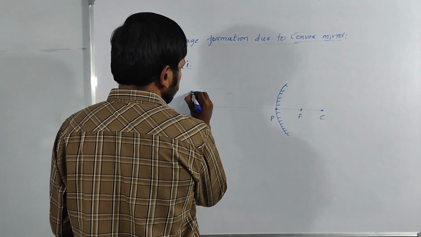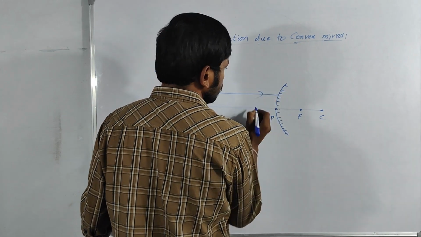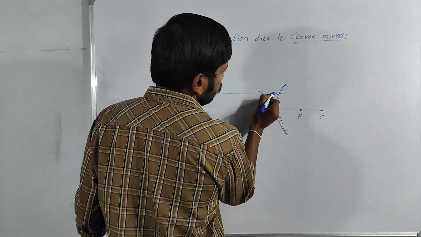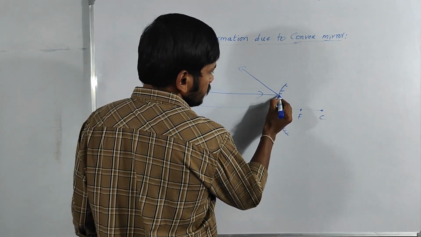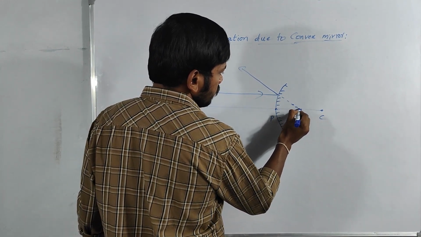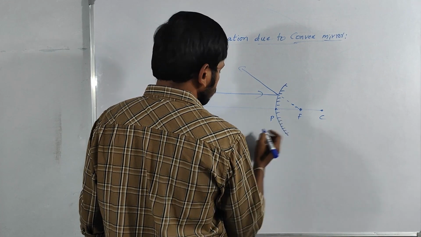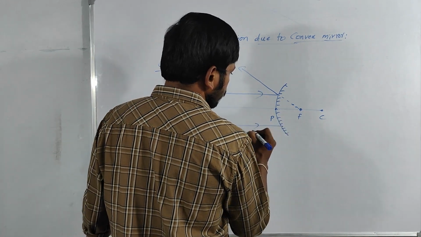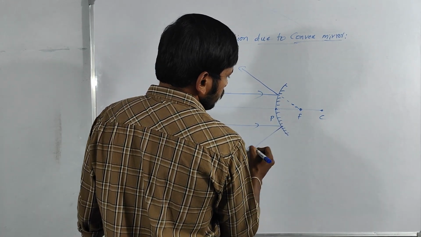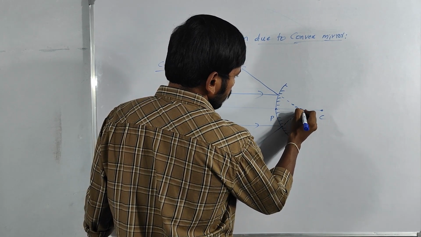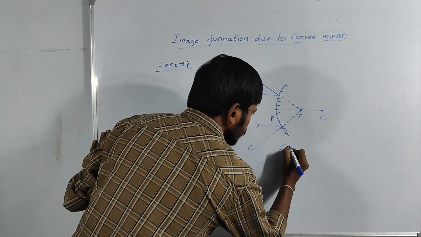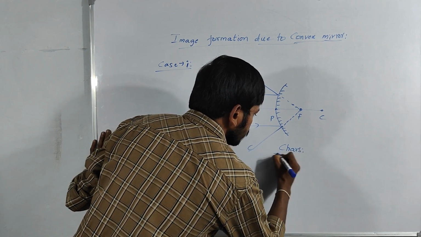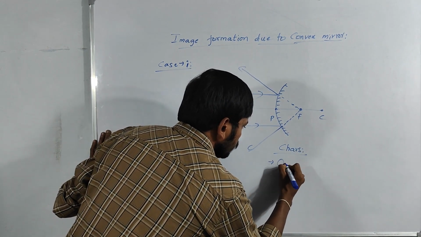The object is at infinity, the incident ray is parallel to the principal axis, reflects and passes through the focus, but here it won't pass through the mirror, it's a virtual reflection on the focus. If you take another ray, the same thing will happen, and where is the image formed? On the focus.